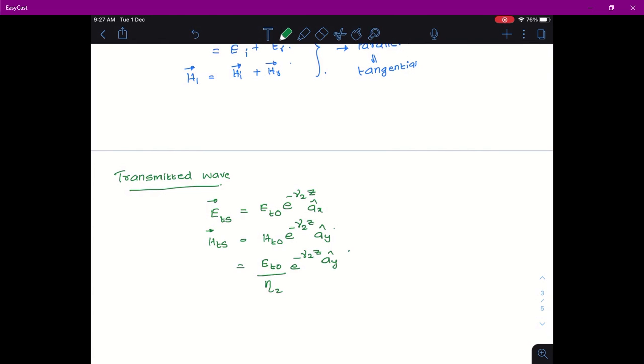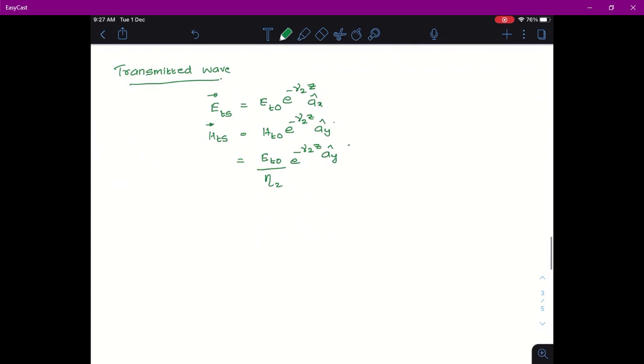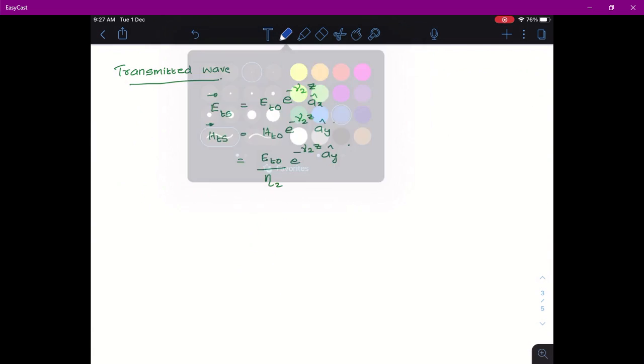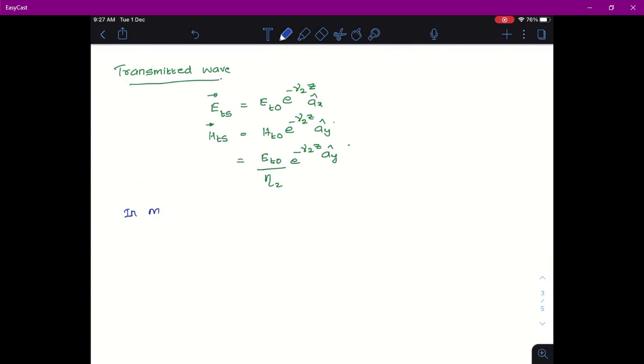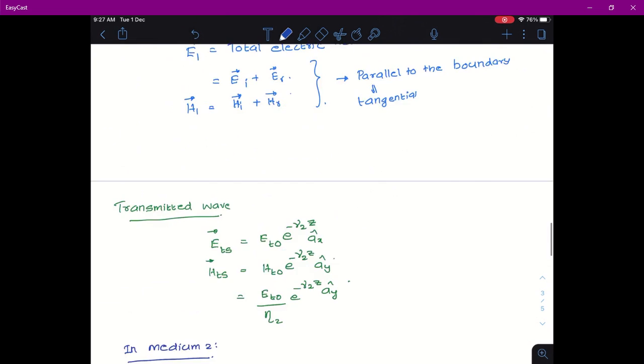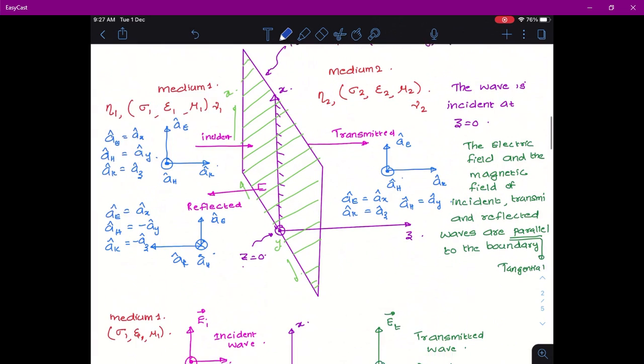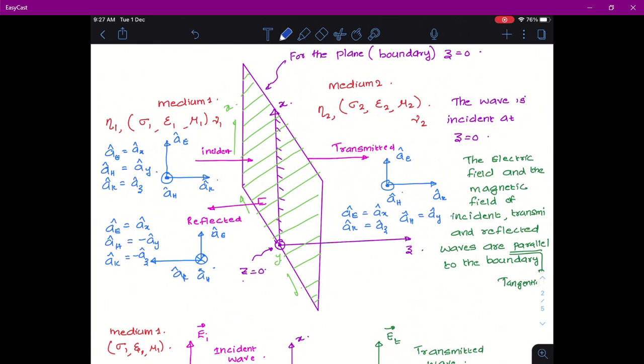So if you look at medium number 2, the total electric field in medium number 2 is only because of the transmitted wave. There are no other waves, so the total electric field is whatever is transmitted. Similarly, the total magnetic field is whatever is transmitted.